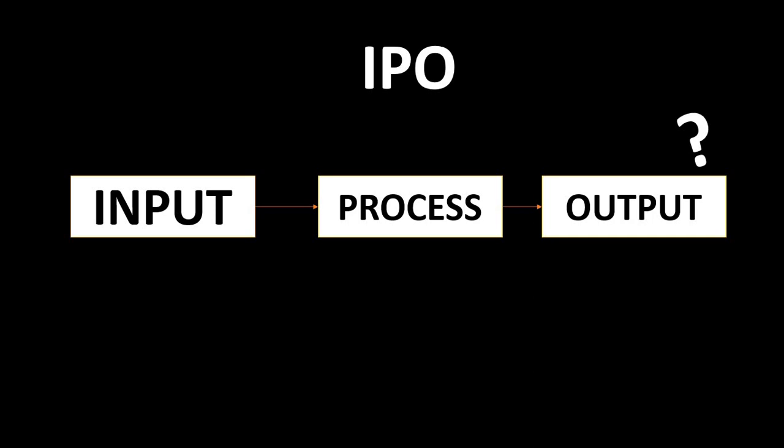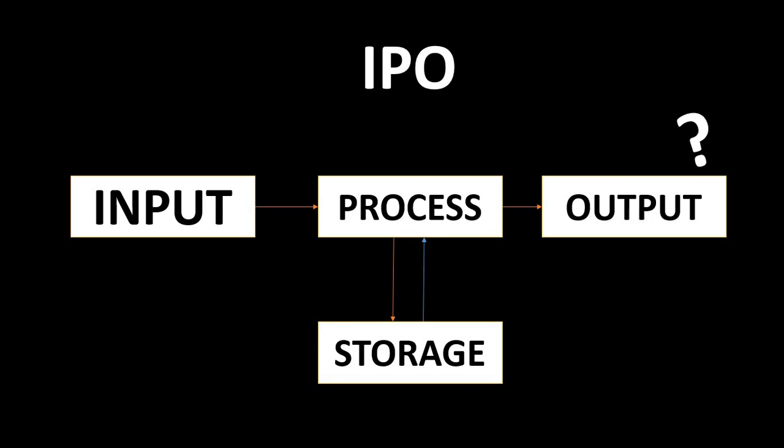The answer to this is no. Once the processing is done by the computer, either the output can be given to the output devices for the users to view it, or the computer can also store the output in the computer storage so that it can be used in the future for some other purpose. So once the processing is done, the computer has got two options. Either it can send the output to the output devices, or it can send to the computer storage for future use.